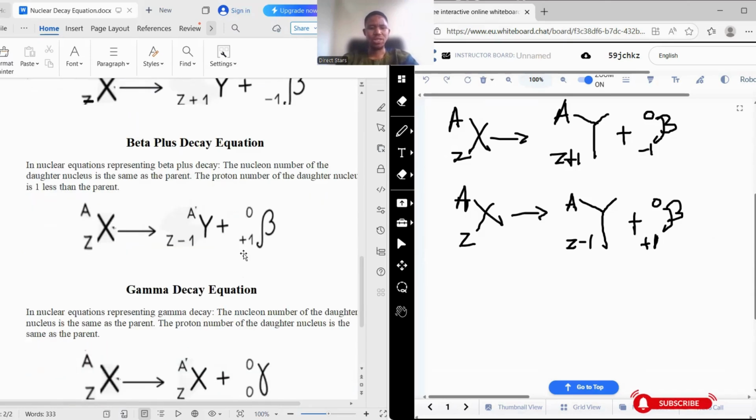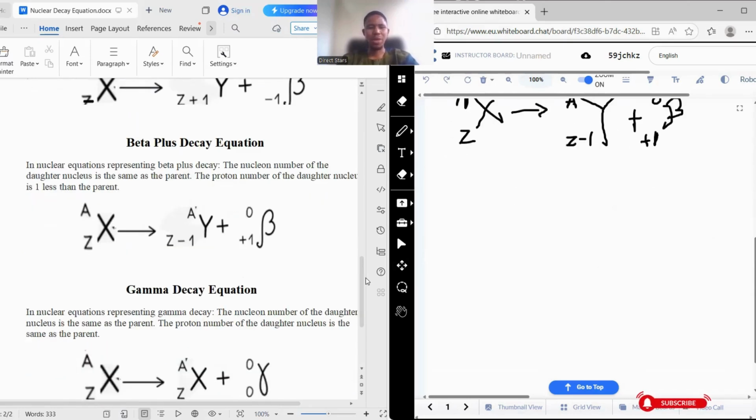So we go to the last one, which is the gamma decay equation. Here, the proton number and the mass number still remain the same for the daughter nucleus. Gamma decay deals with electromagnetic waves, so it doesn't have a mass number or a proton number.